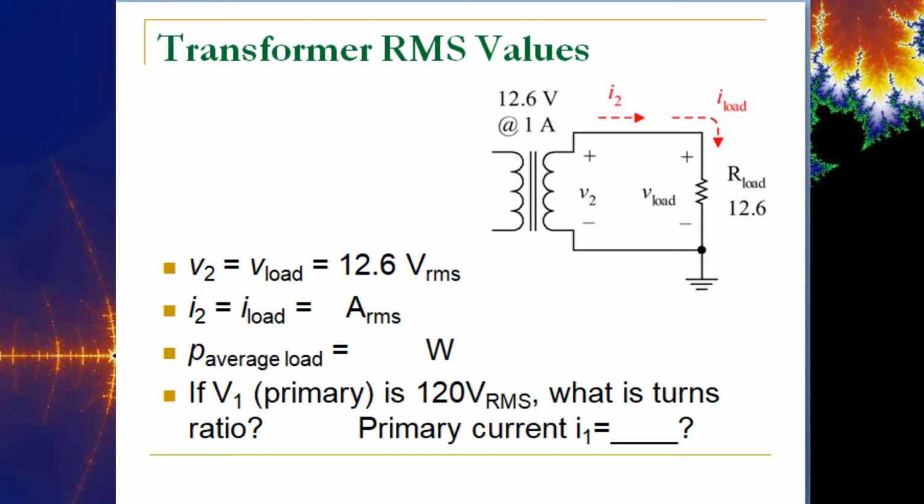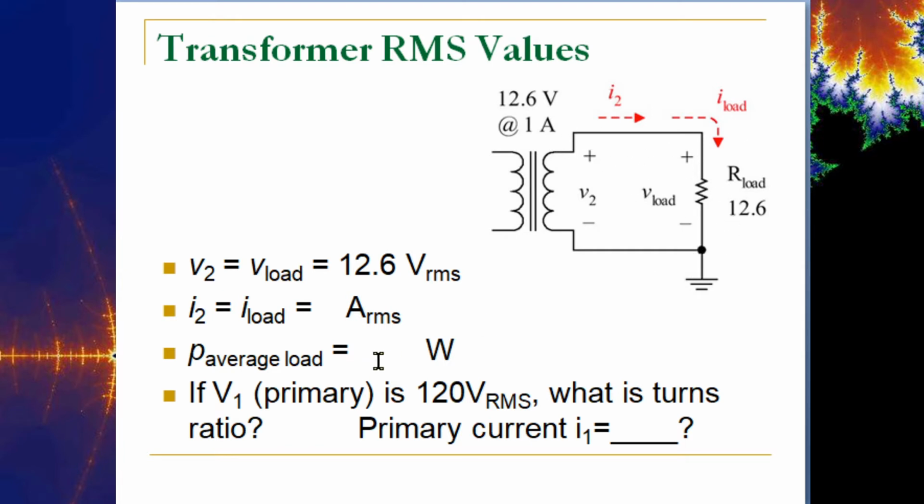And here's another example. We're looking now at the secondary of a transformer over here. We've got 12.6 volts available, and we've got 1 amp of current available. So here we have V load equals 12.6, which would give us the 1 amp current through the load here, I2.